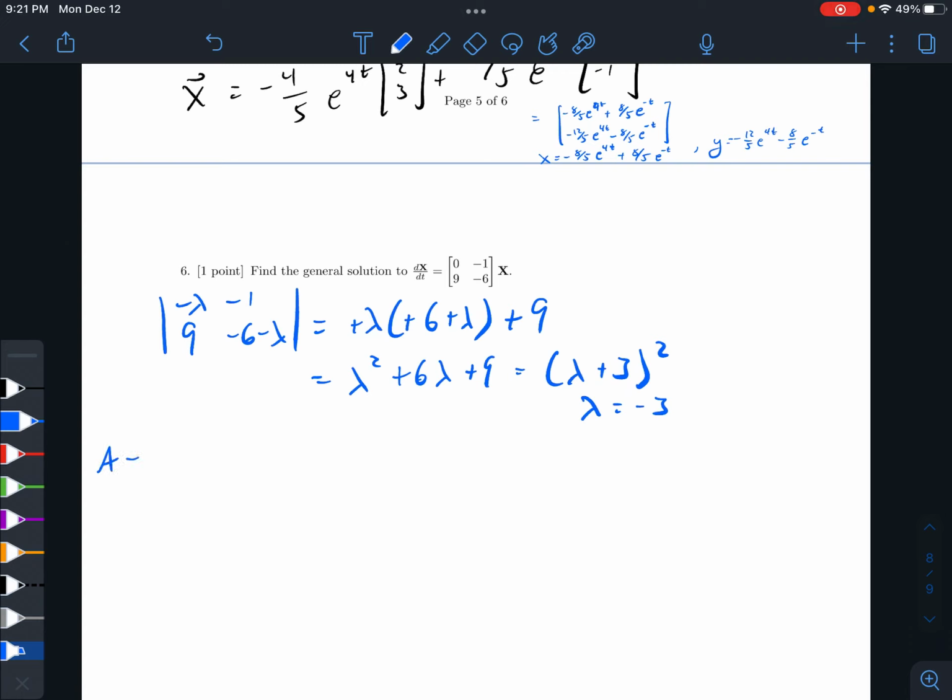So if I do A minus lambda I, that double negative becomes plus 3I. So adding 3 to all the diagonal entries over here gives me this. I can do -3 times row 1, add it to row 2.